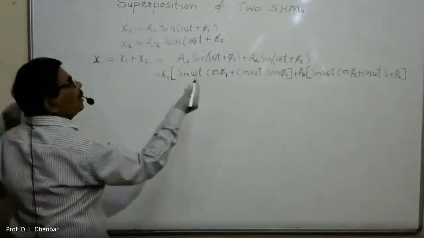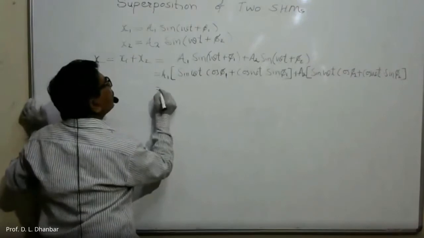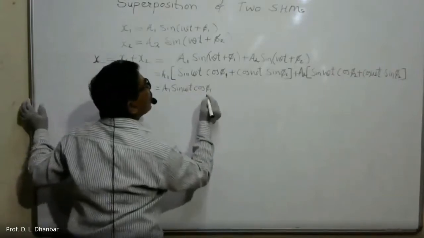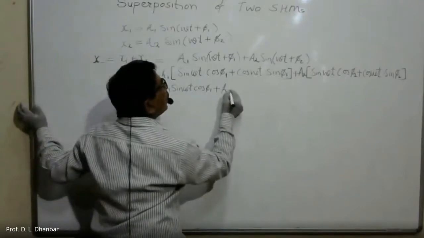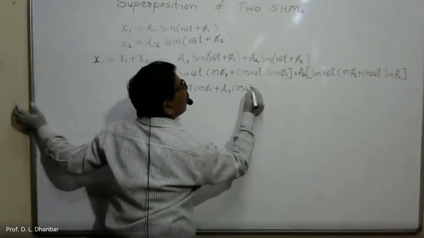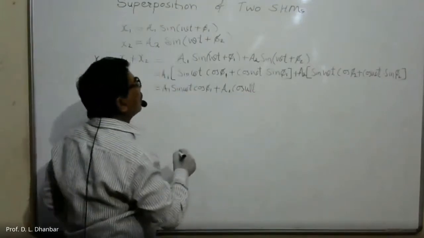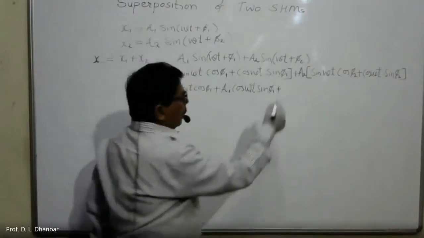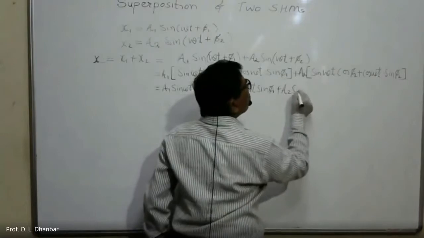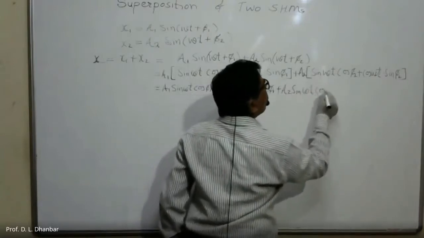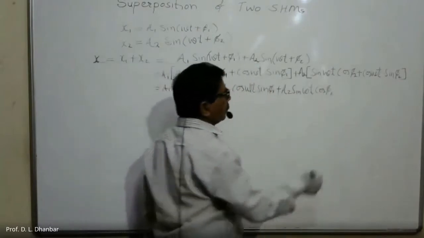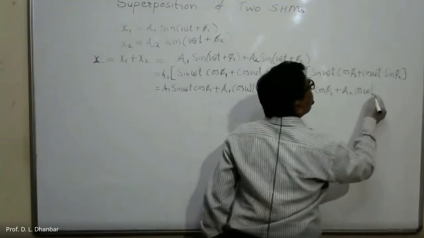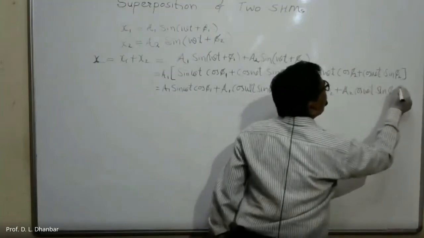Now multiply a1 and a2 into both the brackets, so that you will get a1 sine of omega t cos of phi 1 plus a1 cos of omega t sine of phi 1 plus a2 sine omega t cos of phi 2 plus a2 cos of omega t sine of phi 2.